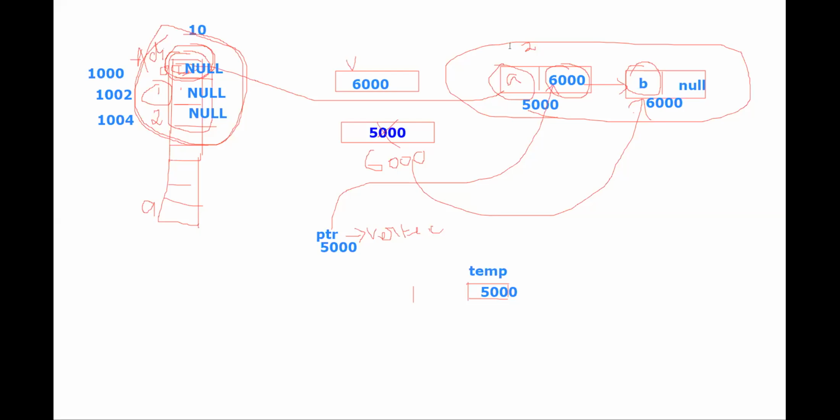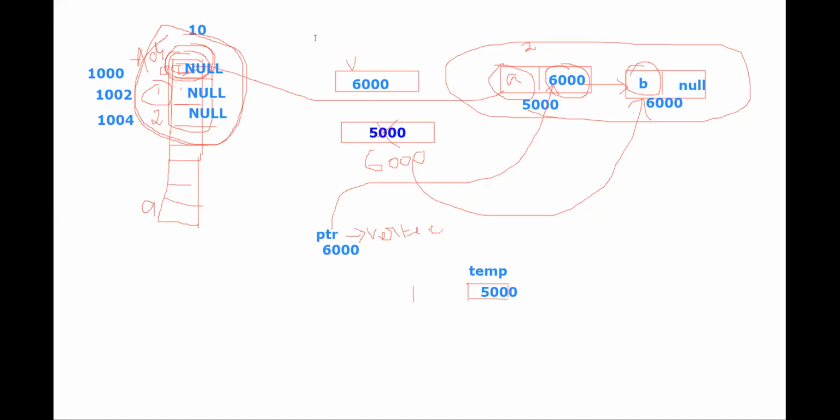Then I want to free this first node. Before deleting this node, I should track the second node also. Before that, I will check whether it is null or not. If this pointer next is not null, then I will assign the pointer next to pointer, 6000.